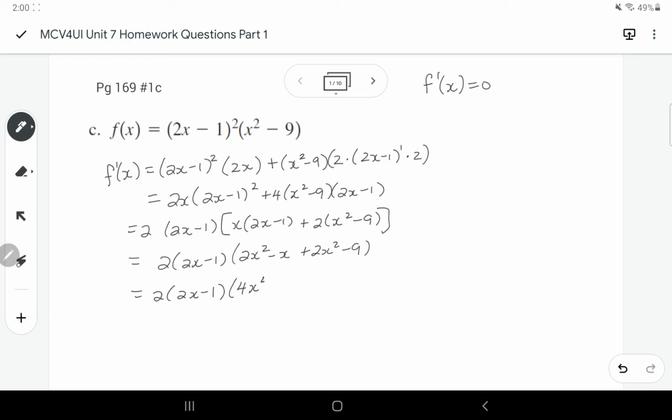So I've got 4x squared minus x minus 9, and I don't think that quadratic factors. So f prime at x equals 0 for x equals 1/2.